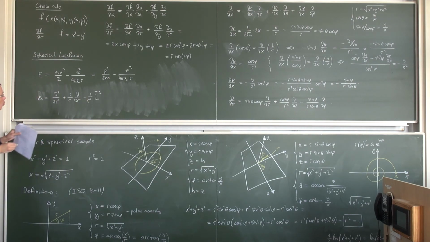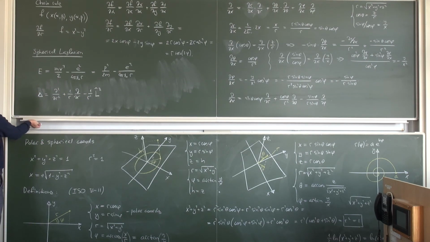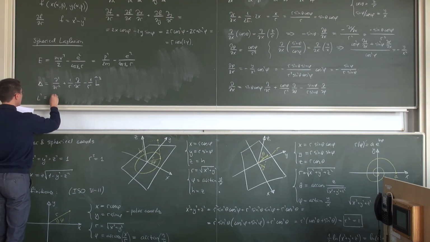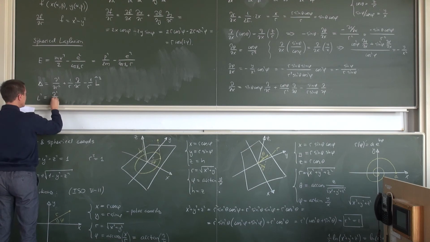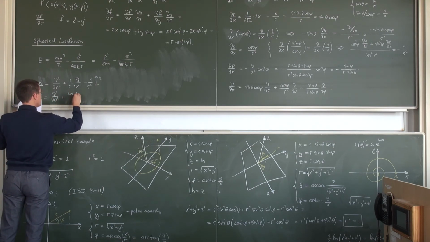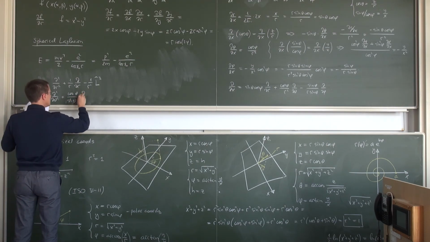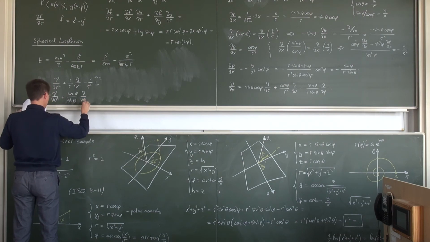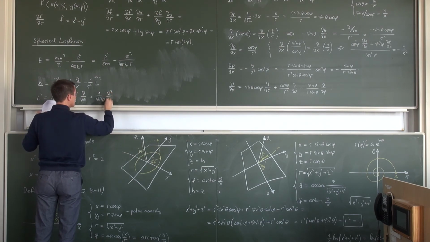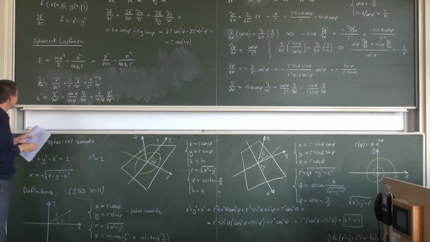So this L squared is a purely angular operator. L squared is d2 by d theta squared plus cos theta over sine theta d by d theta plus 1 over sine squared theta d2 by d phi squared.